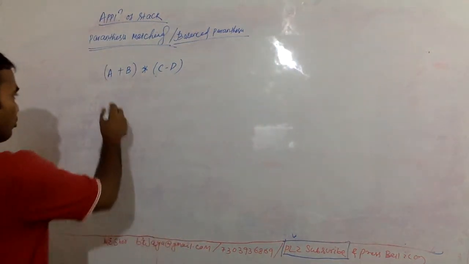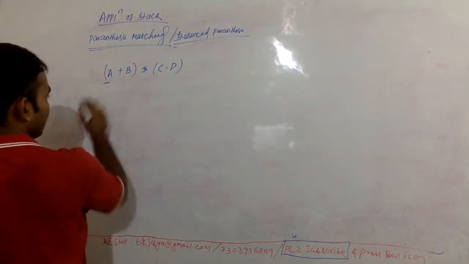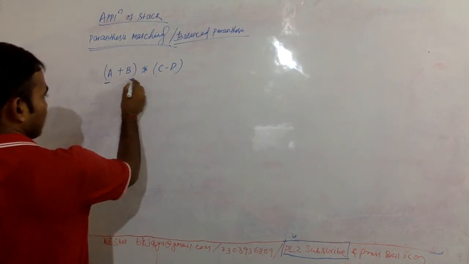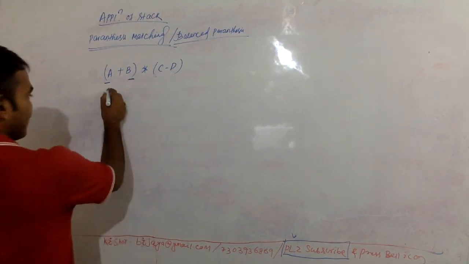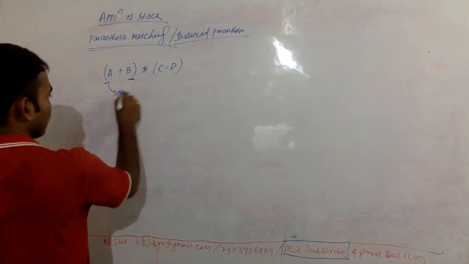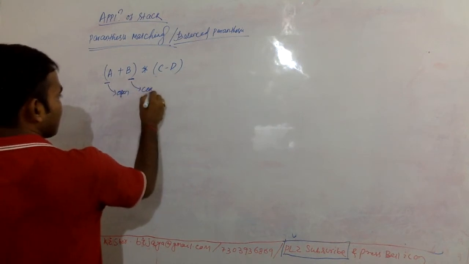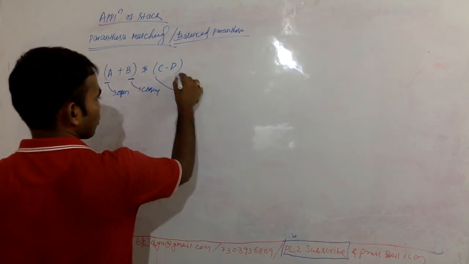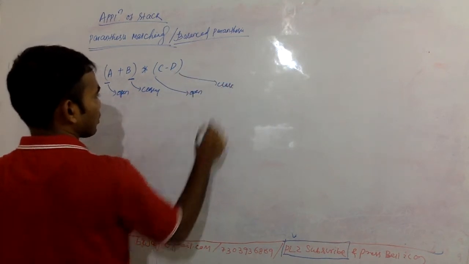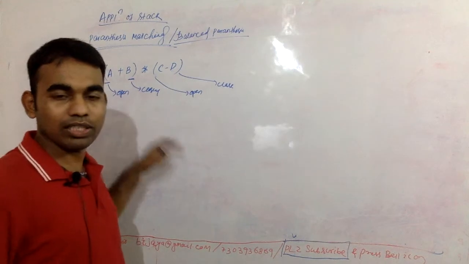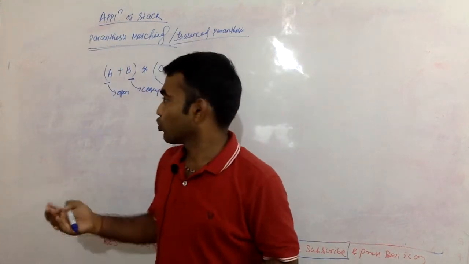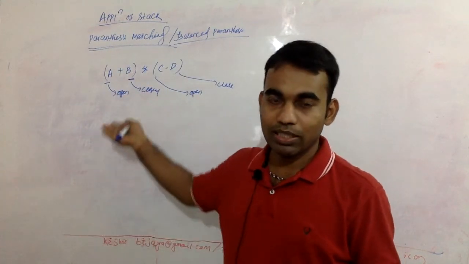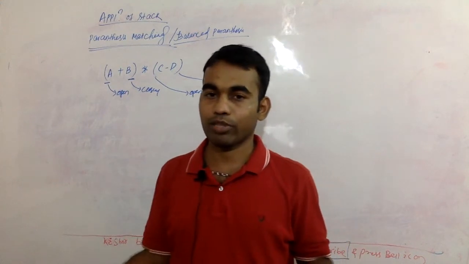In this example, if we take this one as the opening parenthesis, then there exists a closing parenthesis, right? If there exists an opening, there exists a closing parenthesis. So this expression is known as a balanced parenthesis.